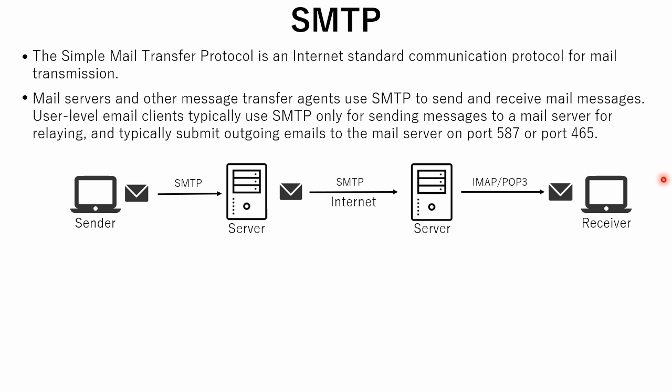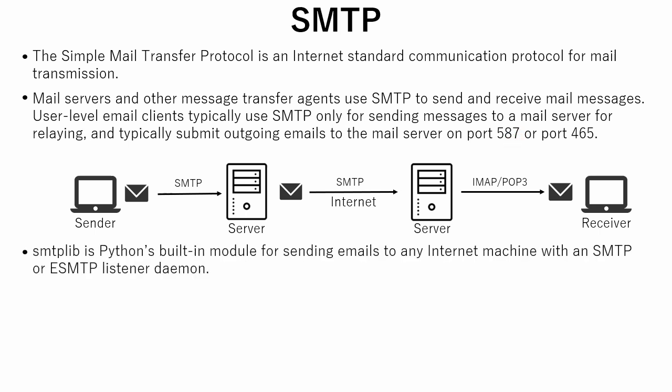User-level email clients typically use SMTP only for sending messages to a mail server for relaying, and typically submit outgoing emails to the mail server on port 587 or port 465. In this tutorial we also will use port 587.